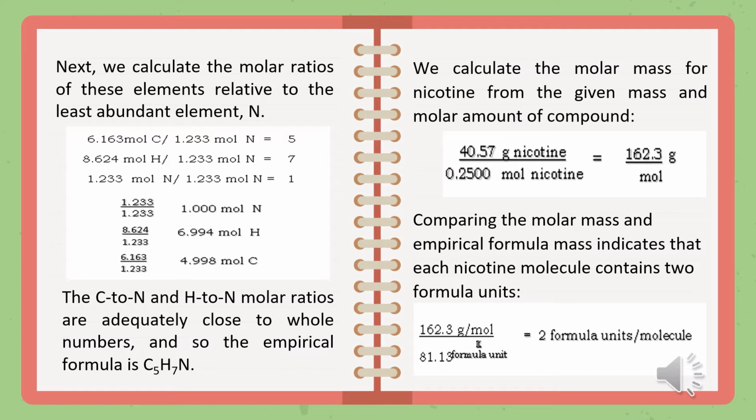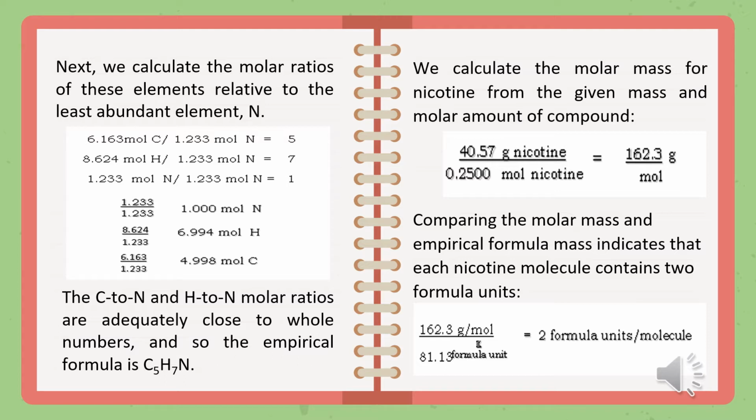Then we calculate the molar mass for nicotine from the given mass and molar amount of compound. So 40.57 grams of nicotine divided by 0.2500 mole of nicotine, that would be equal to 162.3 grams per mole.